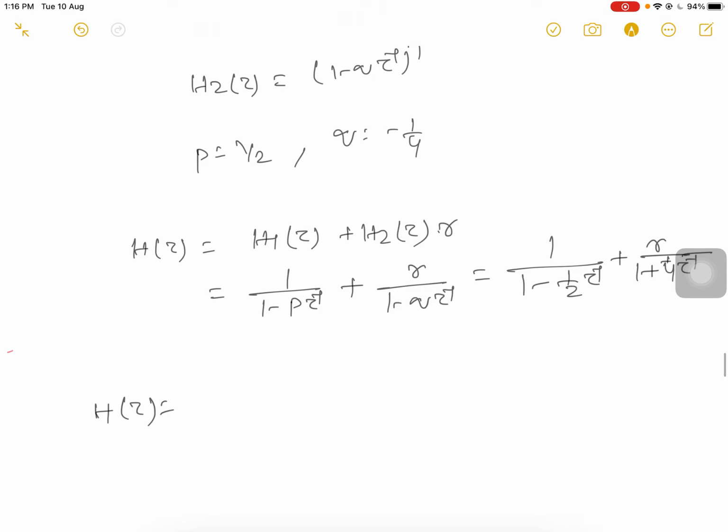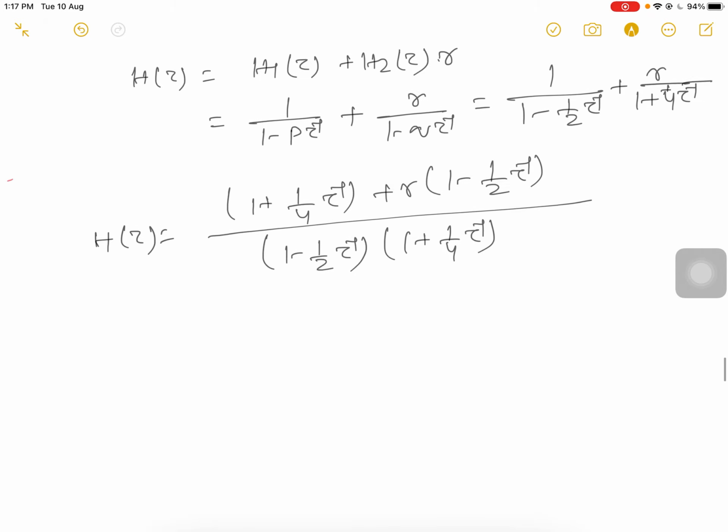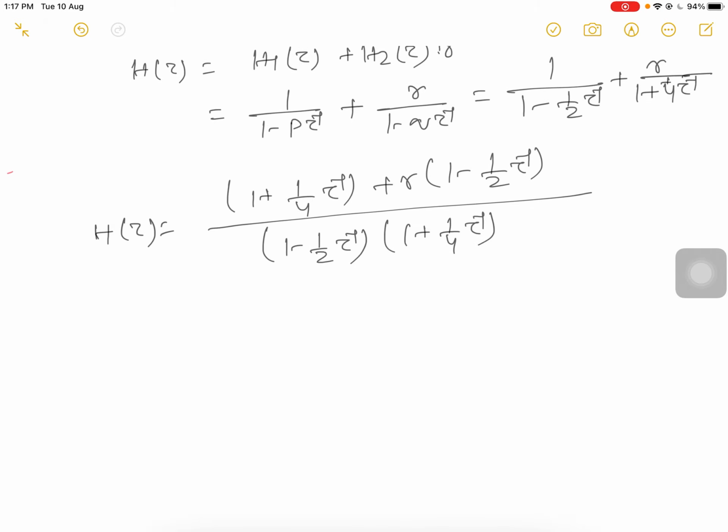Then H(z) is equal to 1 plus 1 by 4 z inverse plus r times 1 minus 1 by 2 z inverse, upon 1 minus 1 by 2 z inverse times 1 plus 1 by 4 z inverse.